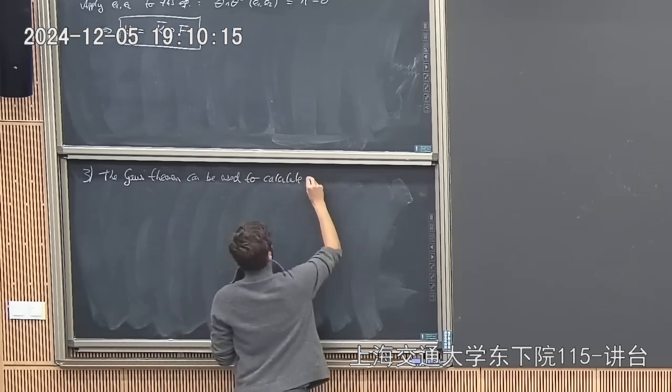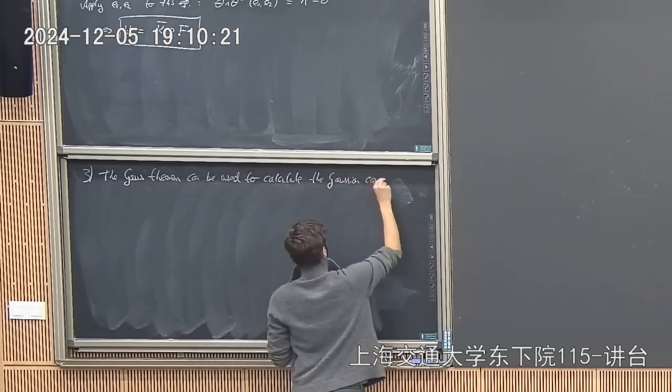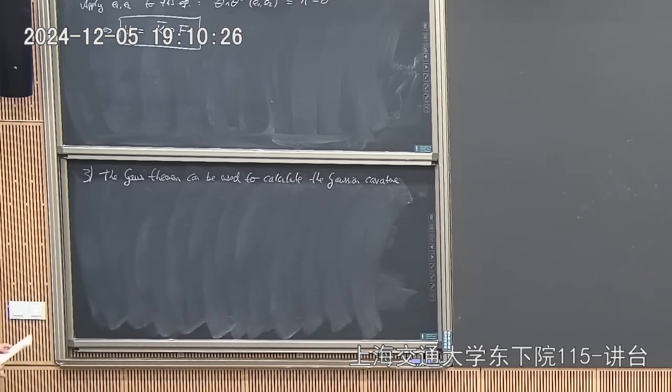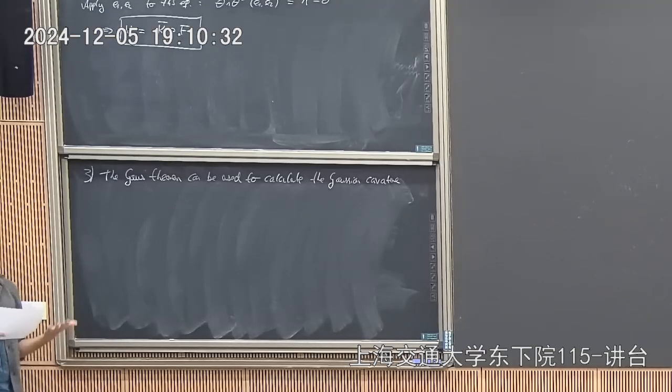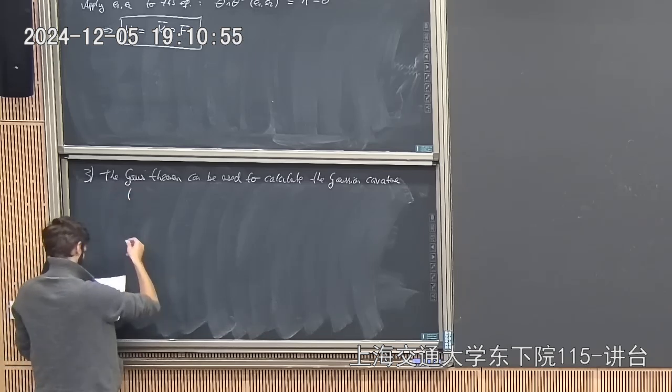Calculate the Gaussian curvature. The way you would do that is that instead of really calculating the Gaussian curvature of the surface, you try to find a surface whose Gaussian curvature you already know, and find a local isometry between the surface that you want to study and the surface that you know. Then the Gauss theorem tells you immediately how the Gauss curvature of one surface is related to the other one. So that's one way to apply the Gauss theorem in applications.